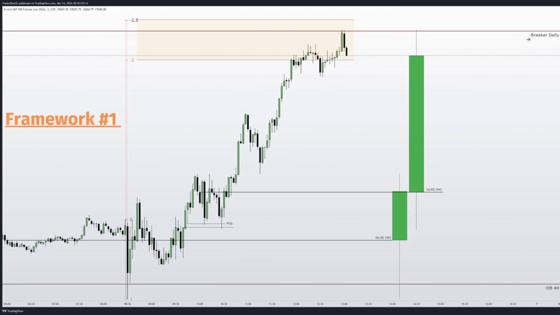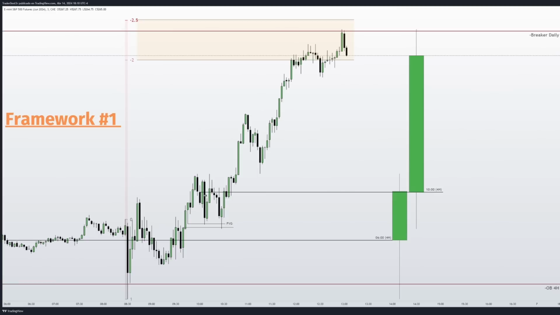Okay, so the 6 a.m. candle is the main range because it's your projections range, your standard deviations range. When price closes this 6 a.m. candle, the next 4 hour candle opens, the 10 a.m. candle.